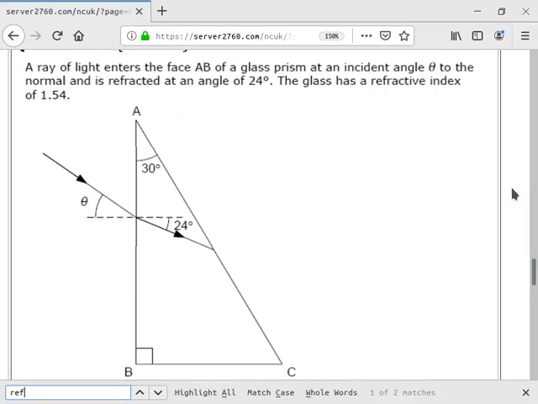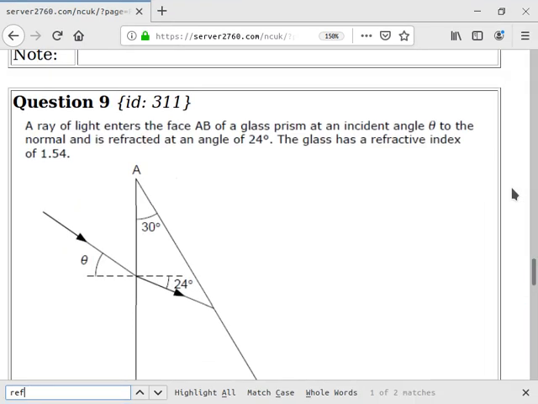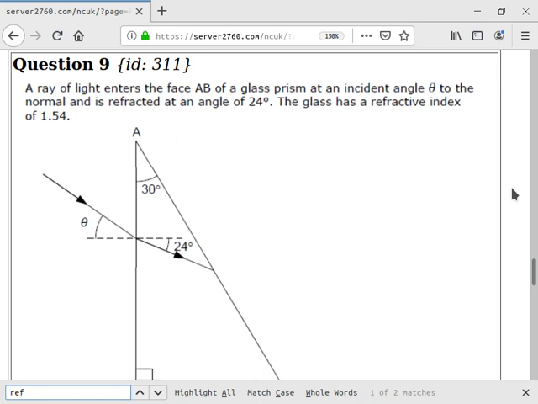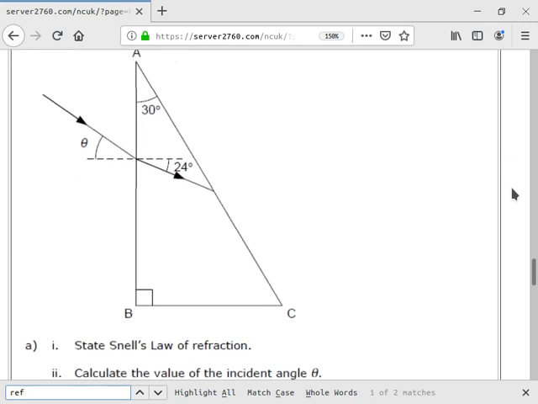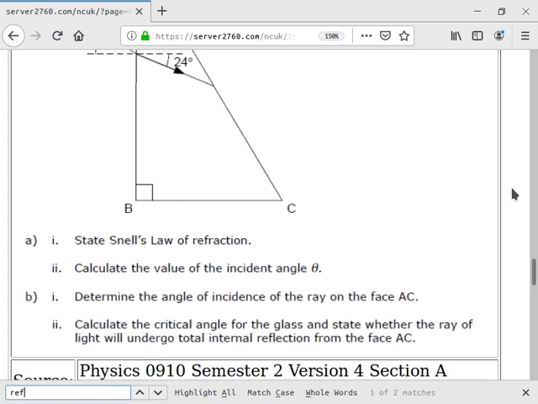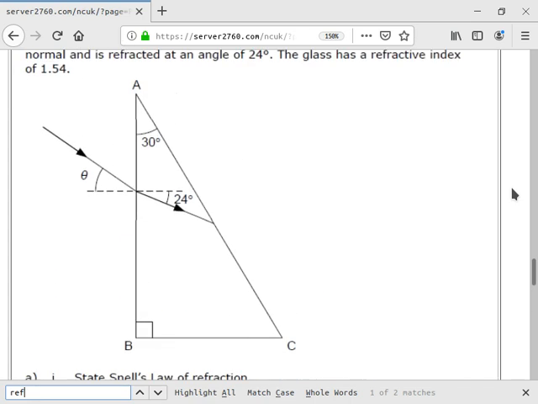Okay, so what have you got? You got your light, it enters the glass, it's all shown, and the glass has that index. The first thing is state Snell's law: sine theta 1 over sine theta 2 equals n2 over n1. More interesting is calculating theta.